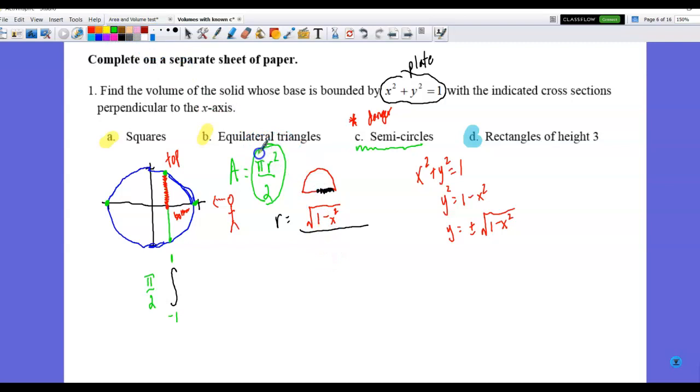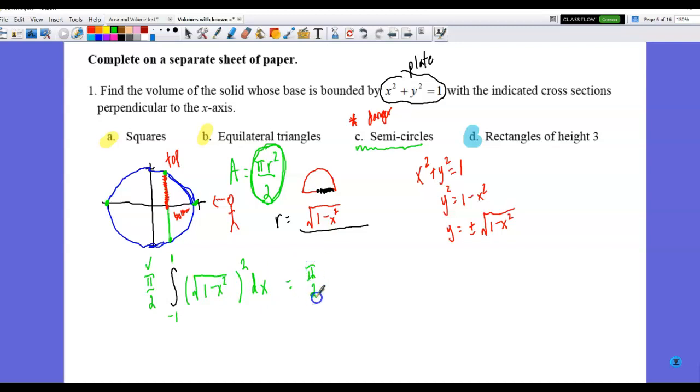I'm keeping my eyes on this formula right here, because that's what we're doing. We're just accumulating pi r squared over 2. Here's my pi over 2. I need the r squared. So the r, in this case, is the square root of 1 minus x squared, dx. I'll take it one more step.